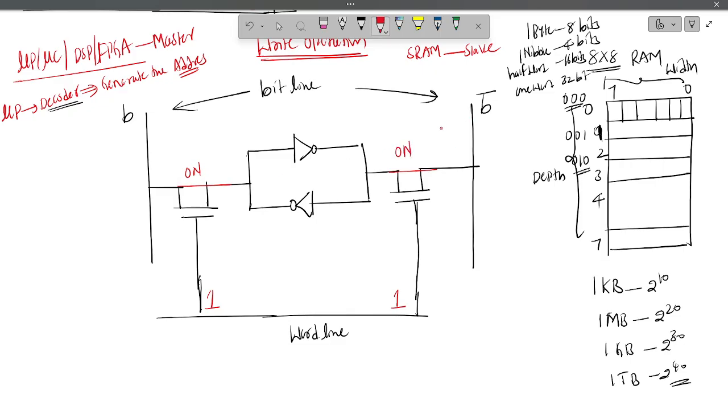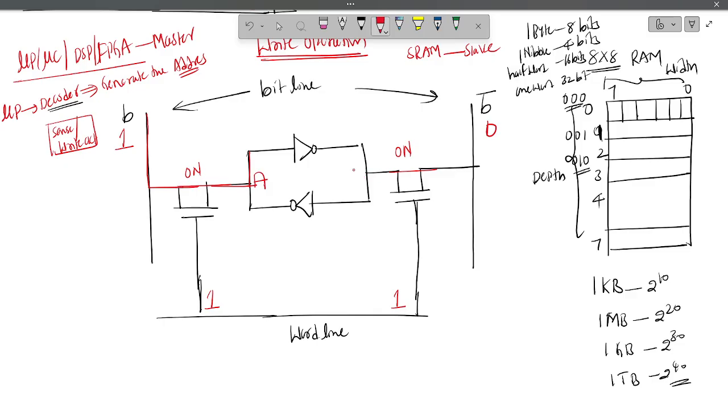So the processor wants to write some data, a one, through the bit line. This one data from the processor goes through the sense write circuit. It will place this one value onto the bit line, and that value will come over here.